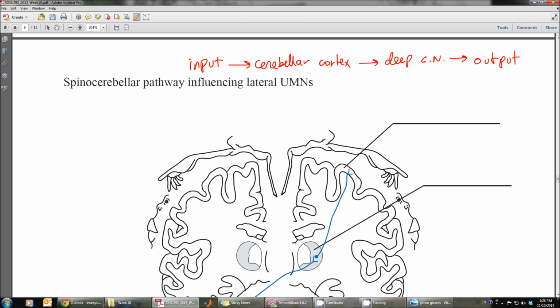So we can apply this to the spinocerebellar pathway. For input, we had two inputs, but we're just going to use the mossy fiber for this illustration. So the mossy fiber is the input, and it goes to the cerebellar cortex. For the spinocerebellar pathway, the cortex that it goes to is either the vermis or paravermis.